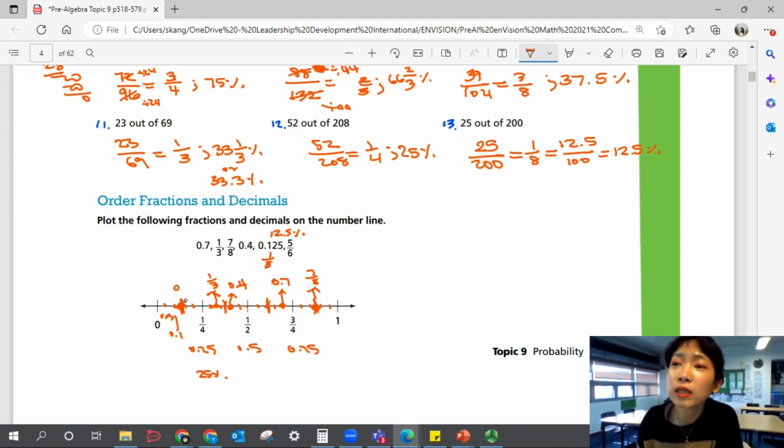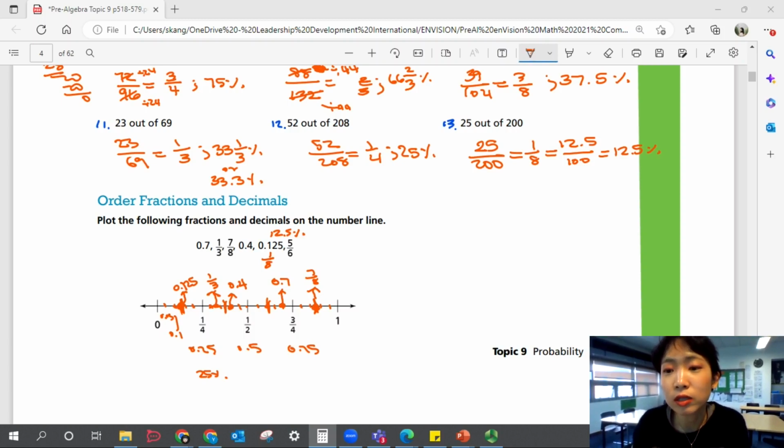But please make sure you write the original numbers that are listed. Don't change your numbers, okay? When you plot the following fractions and decimals on the number line, you need to plot the given numbers. All right, 5 over 6 is what? We haven't divided them into 6.